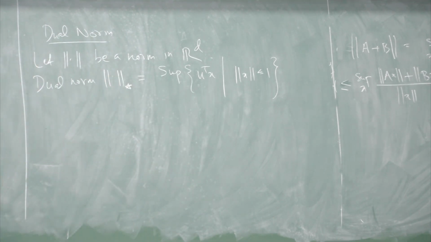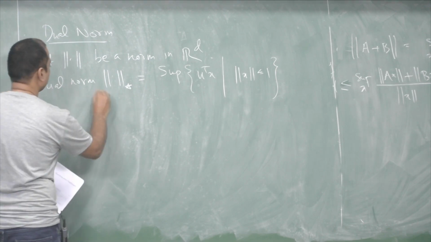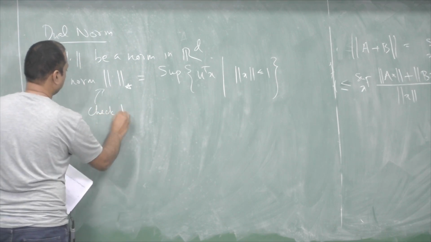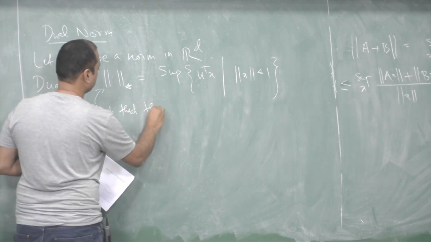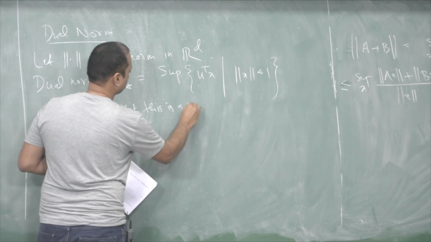So dual norms are defined like that, and one can check that the dual norm is also a norm.